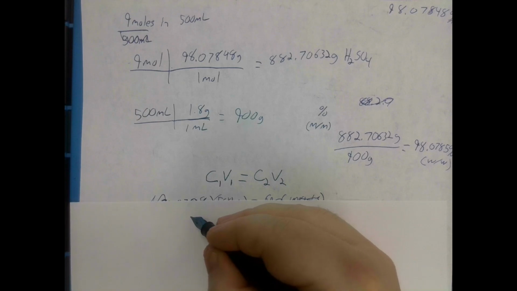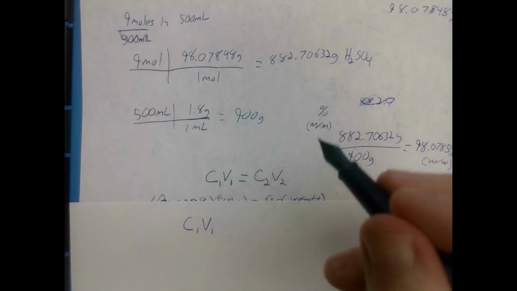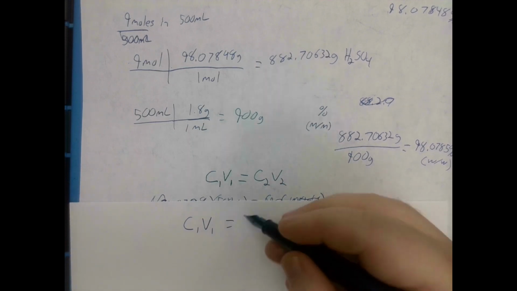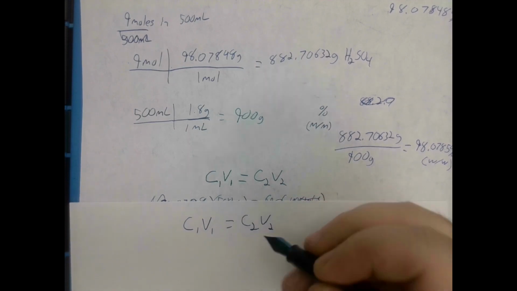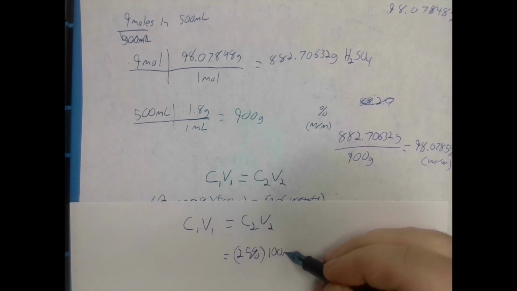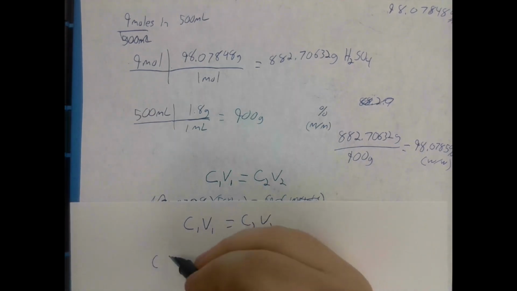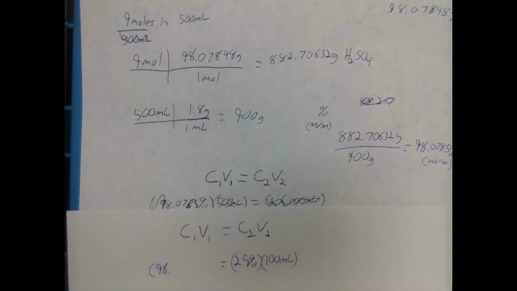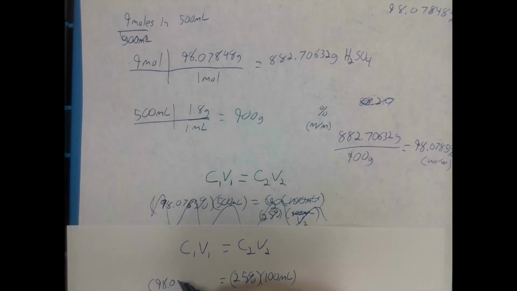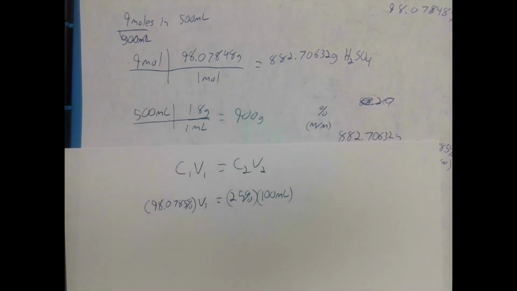What is this trick? I'm trying to work this out. It's the fact that I'm mixing up volume per volume and mass per mass. I want my final concentration to be 25% at 100 milliliter solution. I know my original concentration was roughly 98%. And to figure out how much volume you use, this would be the equation.